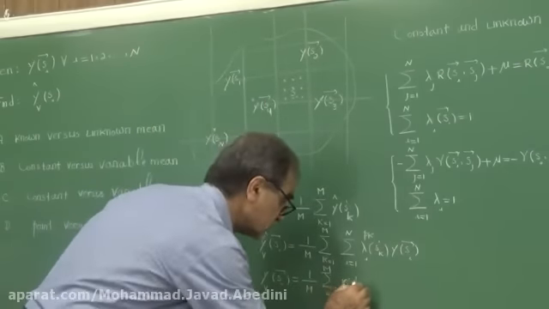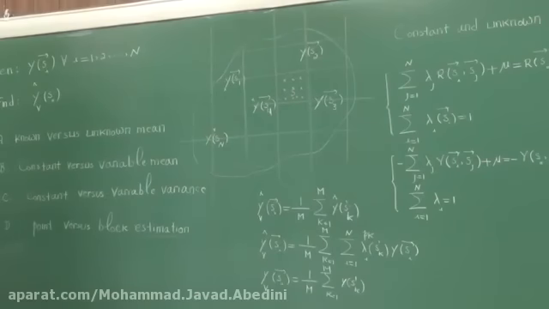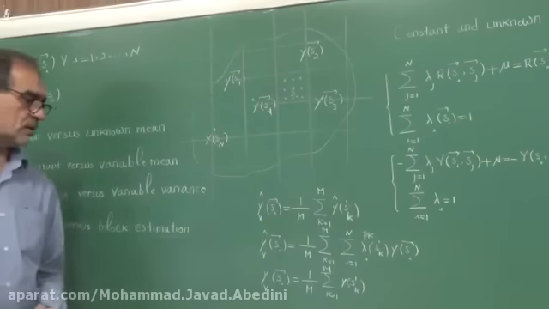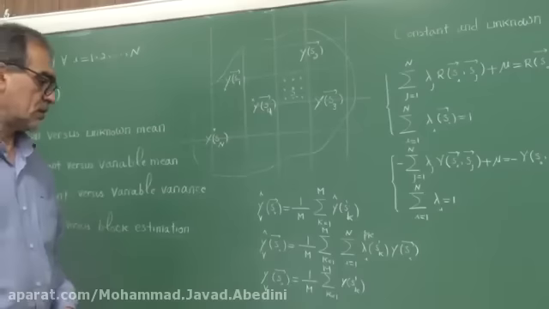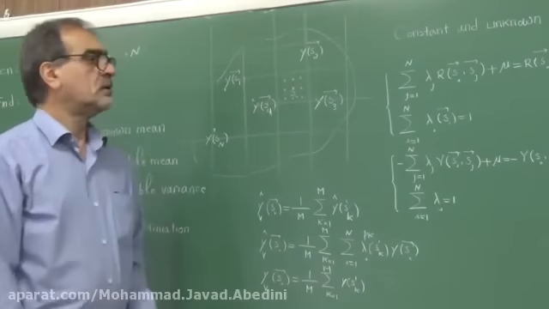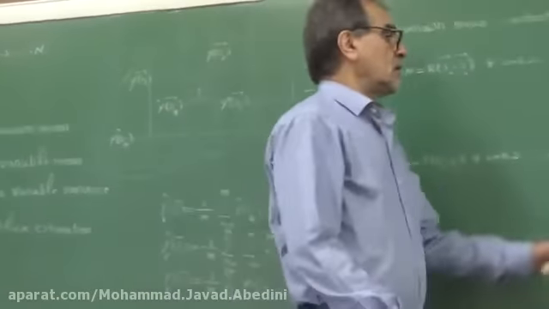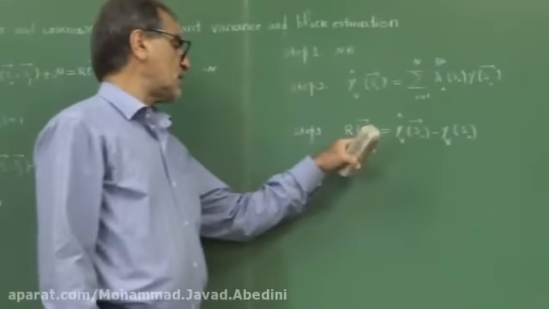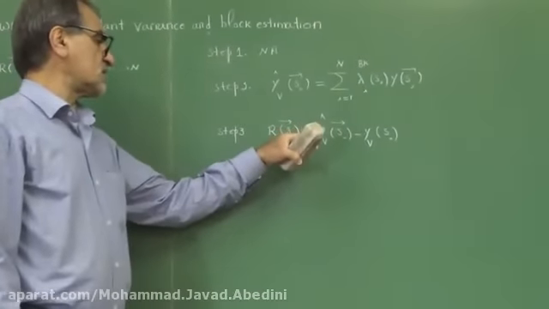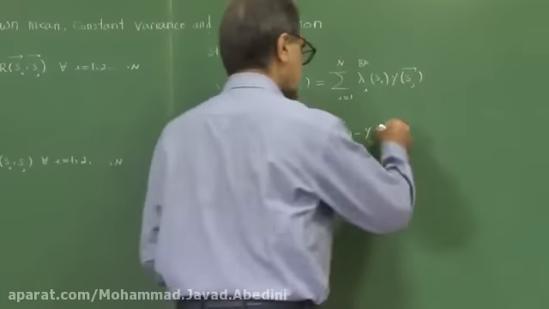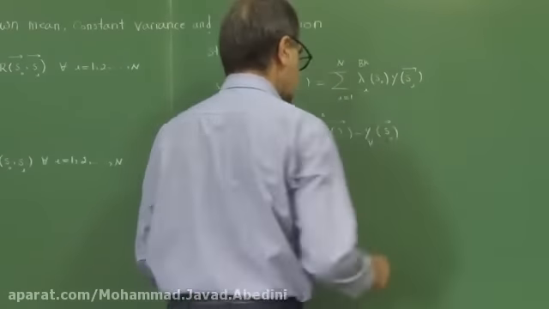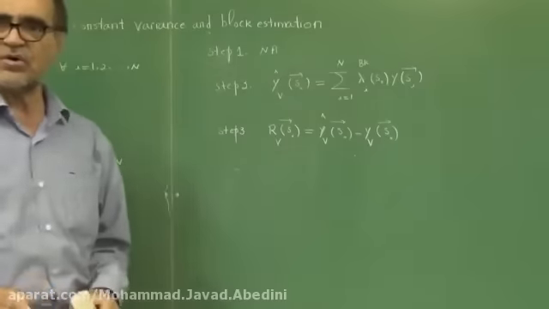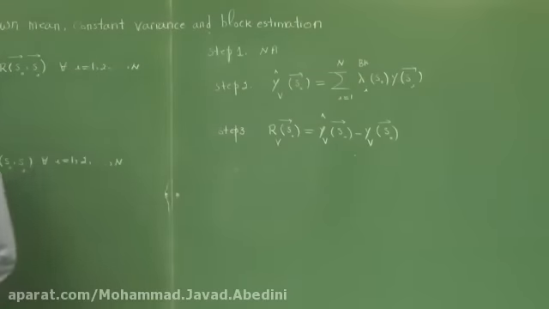Okay? Residual over block V index at S0 can be written as estimated value of Y over block V index at S0 minus true value of Y over block V index at S0. And by true value I mean this.